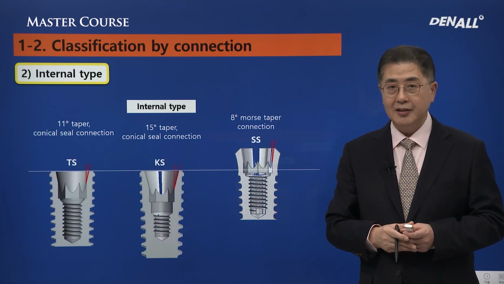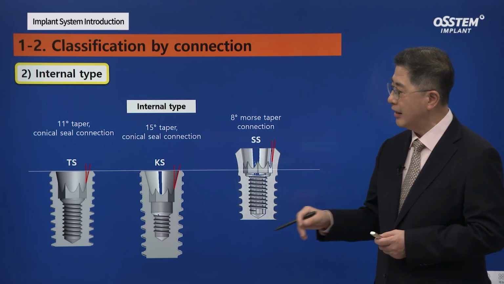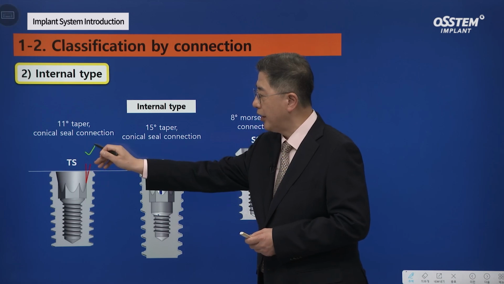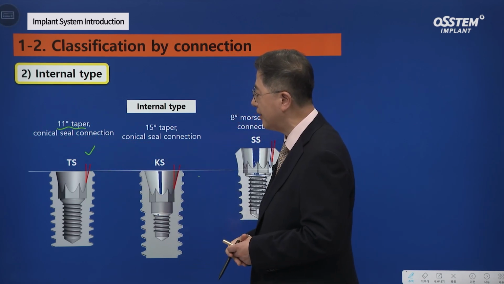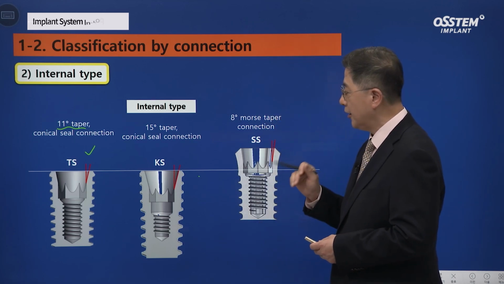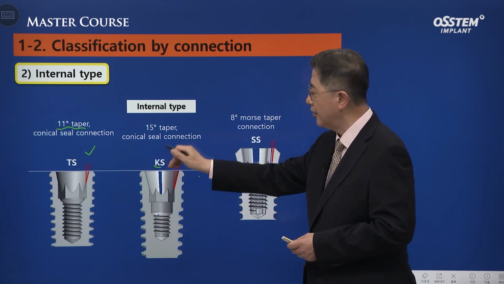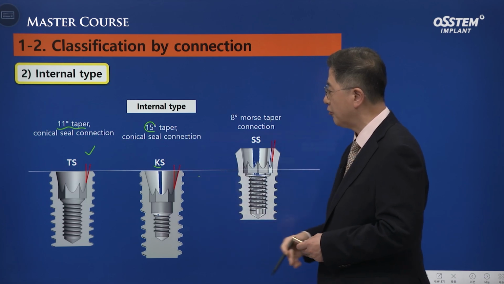These days, we use internal type primarily, and TS implant with 11-degree taper is used most frequently. The KS implant, which has been released recently, has 15-degree taper.